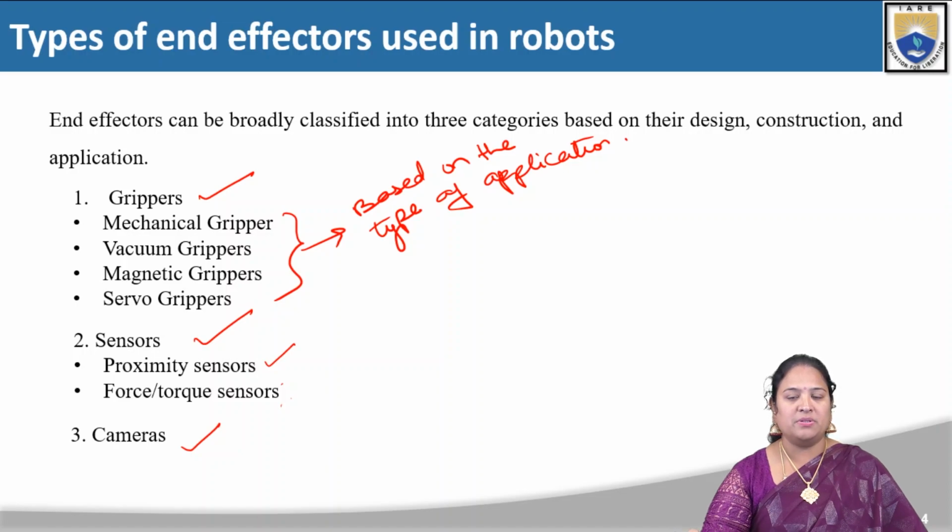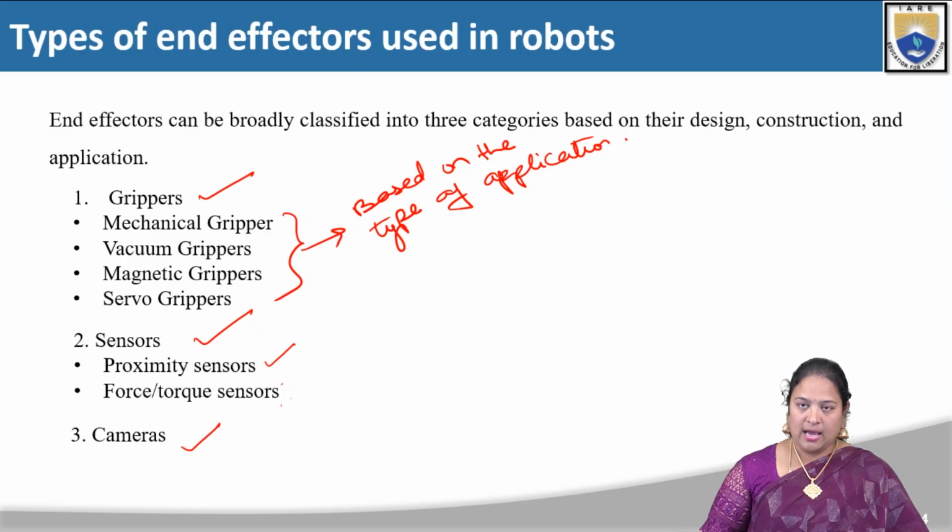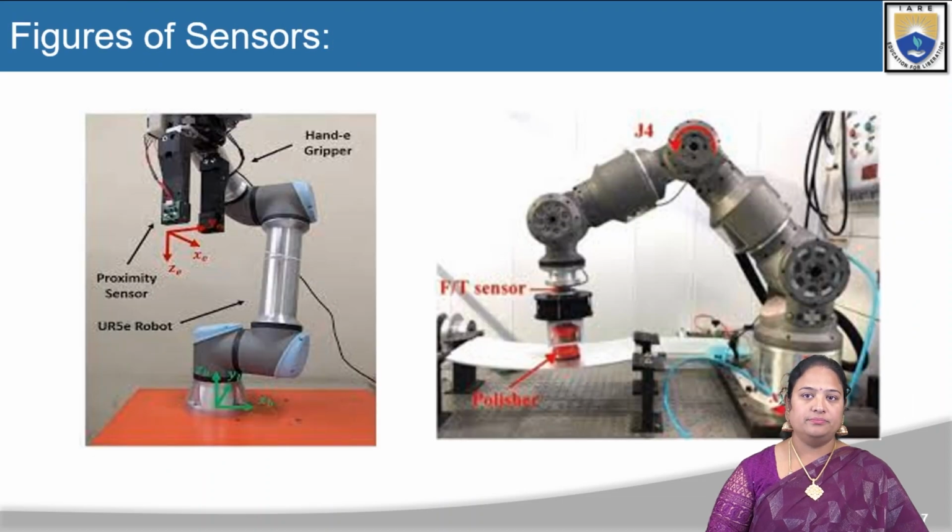A proximity sensor is a sensor which is used to detect the object and move it from one place to the other. It is not holding the object. This type of proximity sensor is generally used in electrical circuits and the electrical industries.